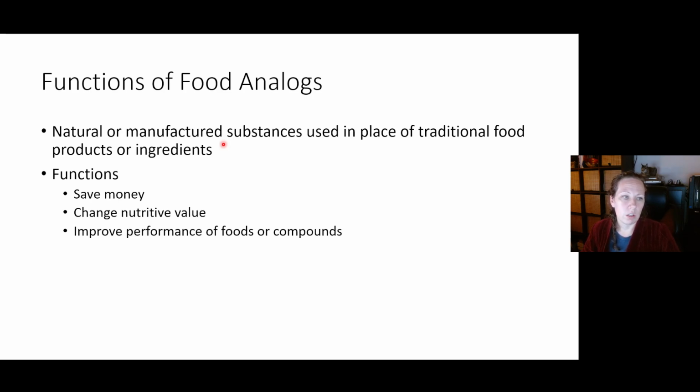Food analogs can also improve the performance of food or compounds within foods. So the example that the book gives, which is a really good example, is instant pudding. So typically, to make a pudding, you make a custard.